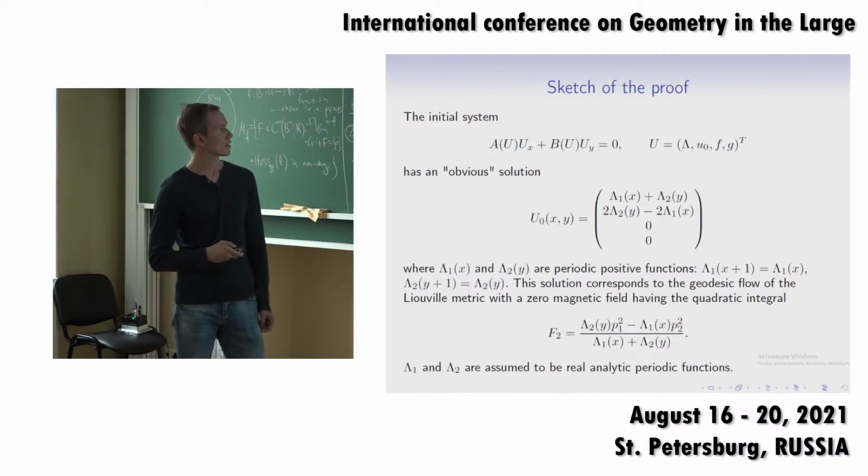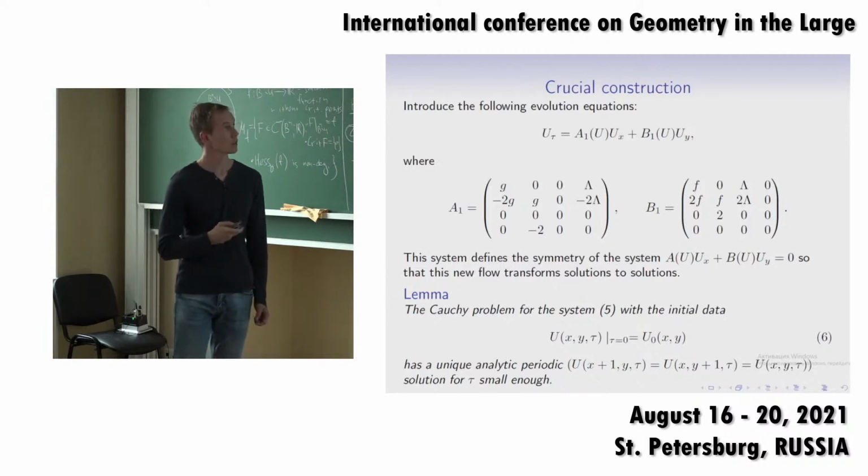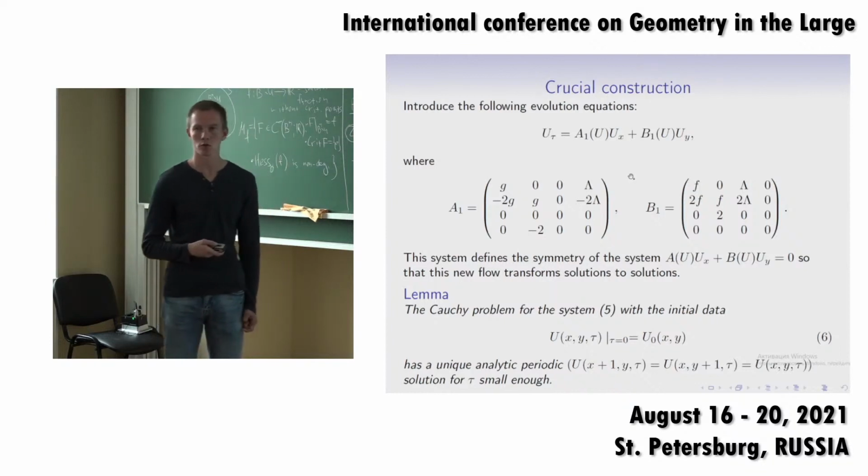And then what we do is construct a commuting flow of this system of such a form with such matrices A and B. Since this is a commuting flow, it transforms solutions of the initial system also into solutions.